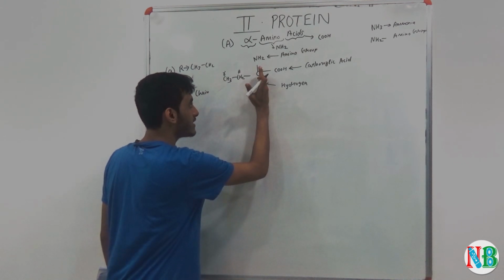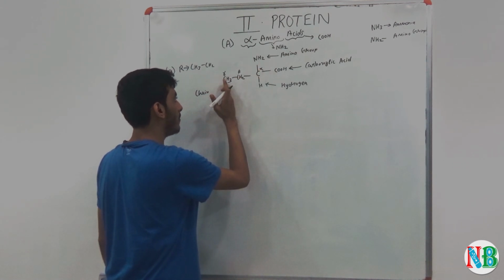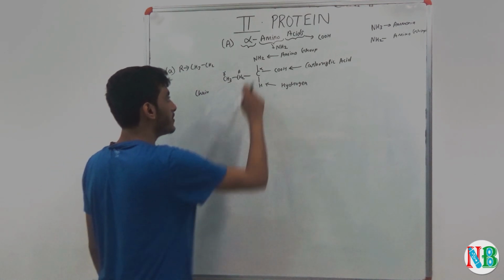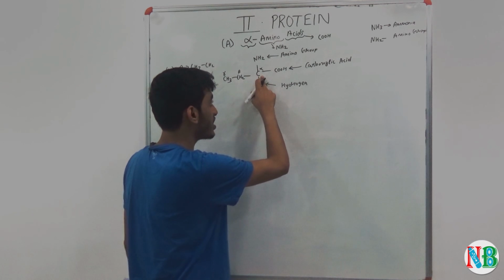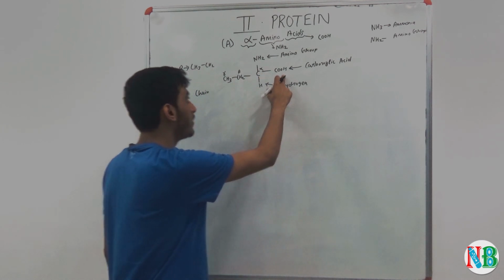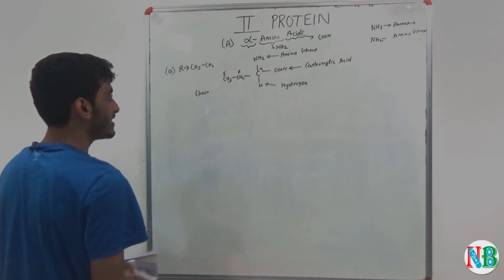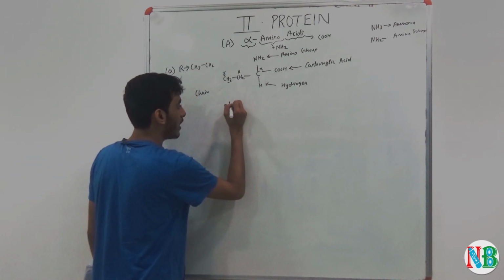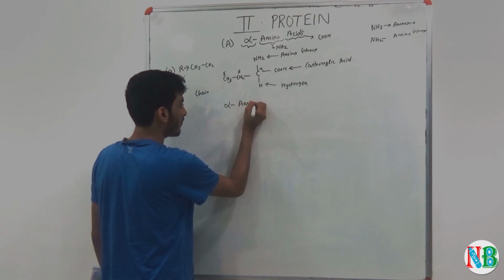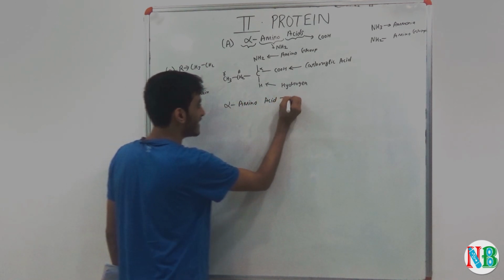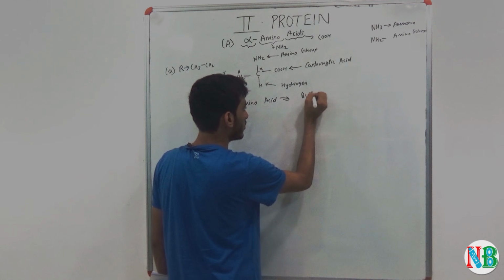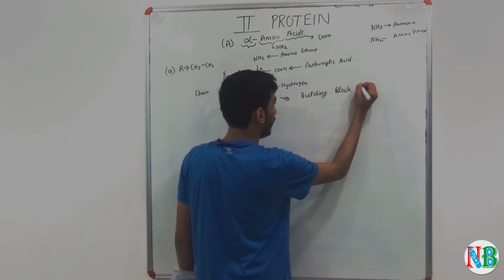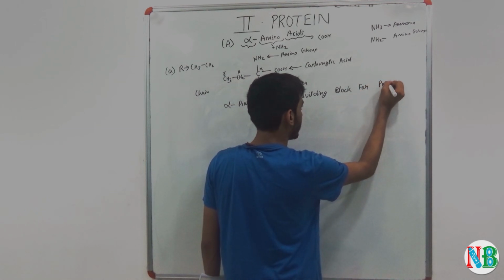So the first one is alpha, beta, gamma and the other ones after that. If the NH2 is attached to the first carbon, which is attached to the COOH group, it is termed an alpha amino acid. We will see that alpha amino acids are the building blocks for proteins.